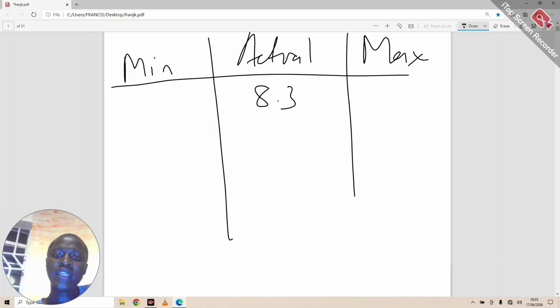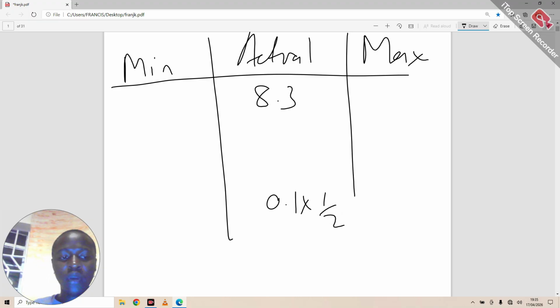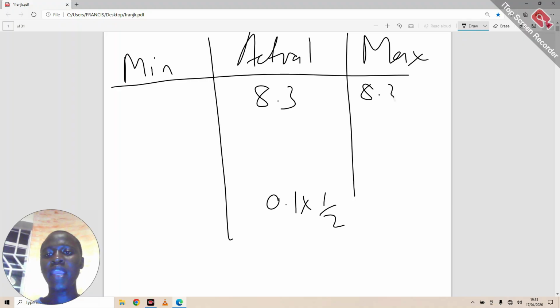Even so, let's get the accuracy. Accuracy there is 0.1 multiplied by a half, that is 0.05. So we add to get the maximum, 8.35. We subtract, 8.3 minus 0.05, to get 8.25.